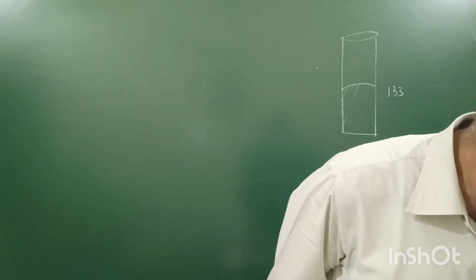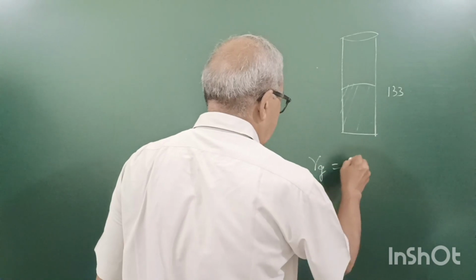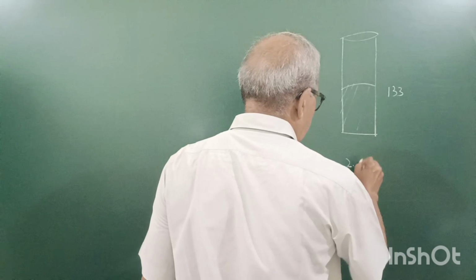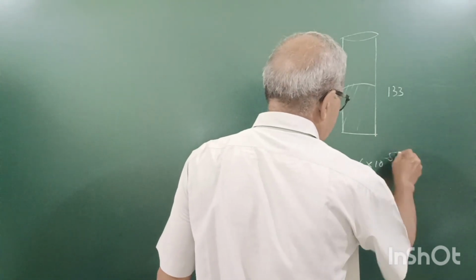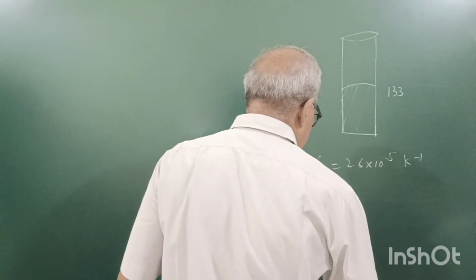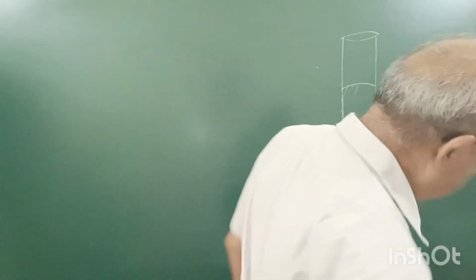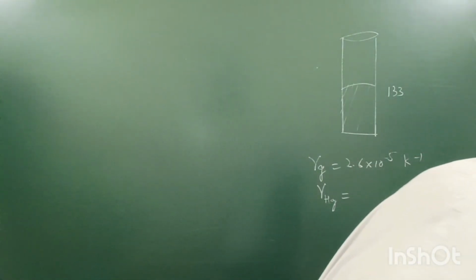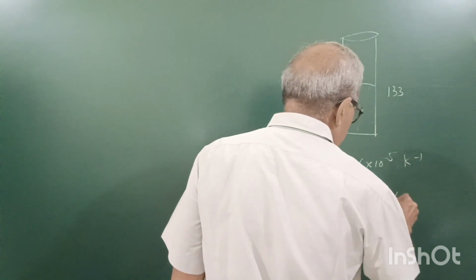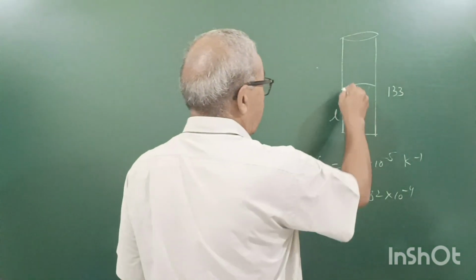Calculate the length of the mercury column. Gamma of glass is given directly as 2.6 × 10⁻⁵ per Kelvin, and gamma for mercury is equal to 1.82 or 1.84 × 10⁻⁴. So how much is this length of mercury?